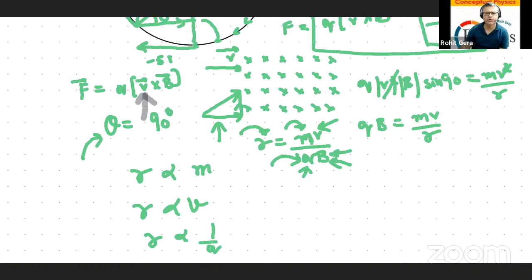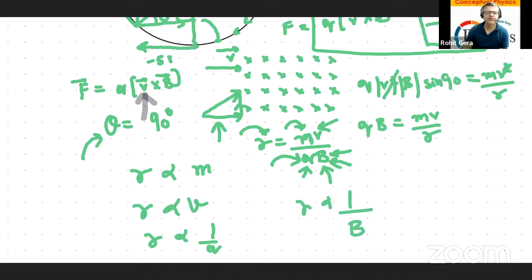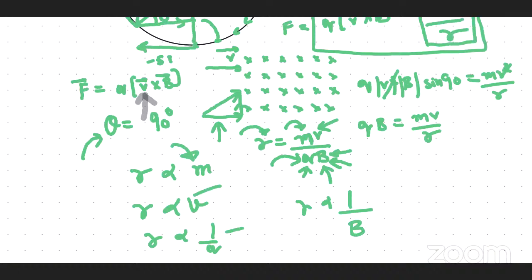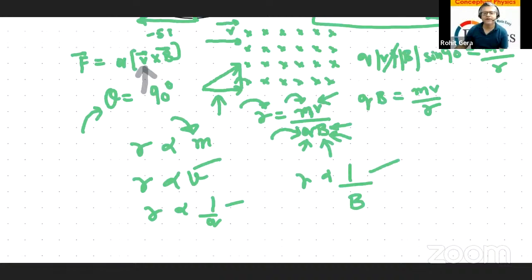The only control you have is B. Maybe you have a source of magnetic field which you can change to double, half, so you can control the radius. Once you have already projected, how can you change this? General scenario. But broadly, if you change the magnetic field, you can change the value of the radius of revolution.